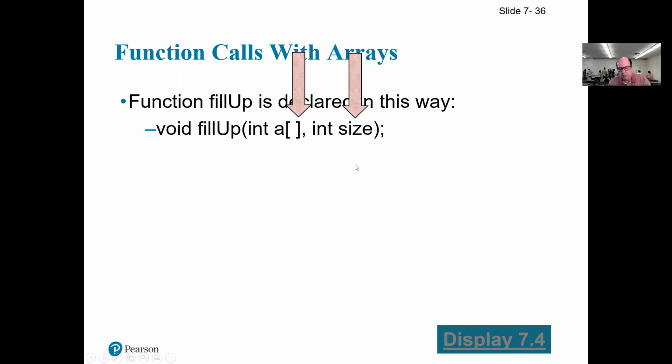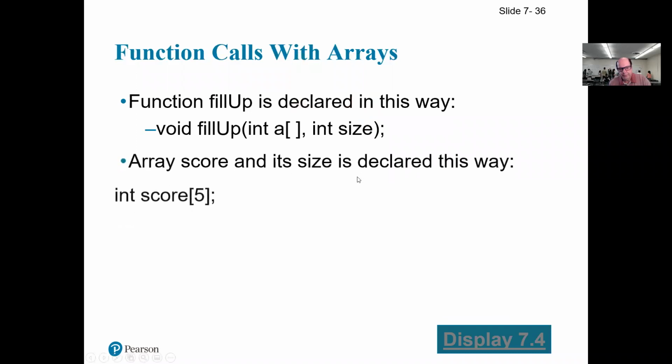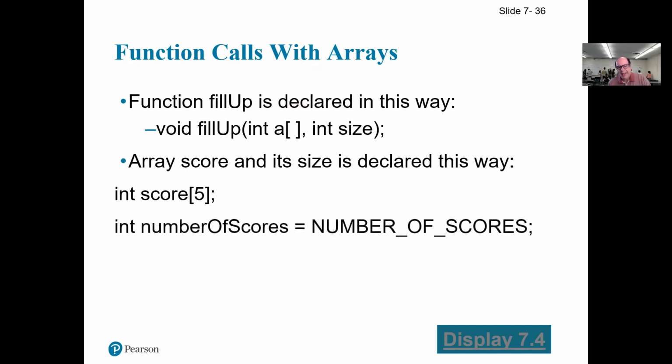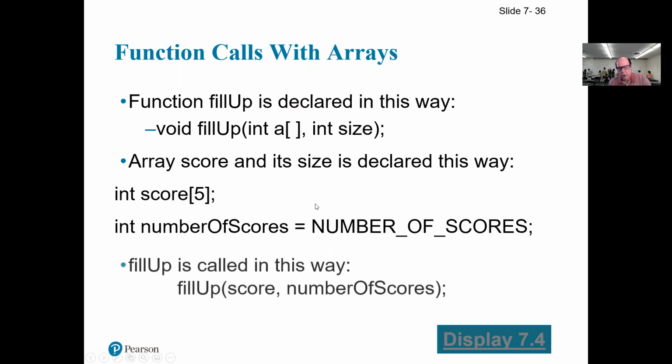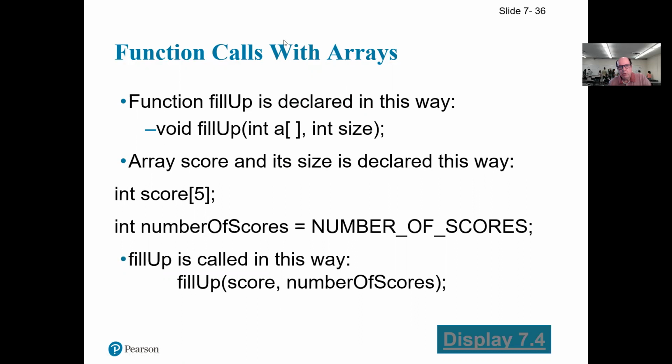We will learn some other ways of doing arrays in a future course. It's called dynamic arrays. We're going to get to that. So we're going to declare it this way. The declaration and definition is going to have empty brackets. Now, when I call this function, I am going to use just the name of the array.